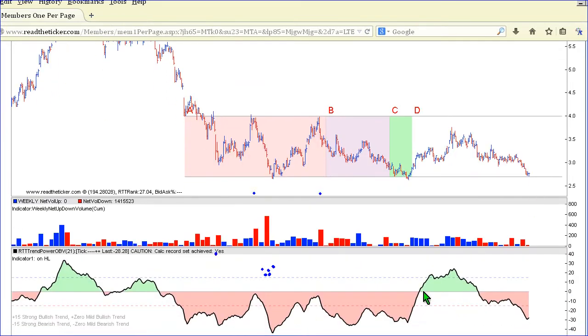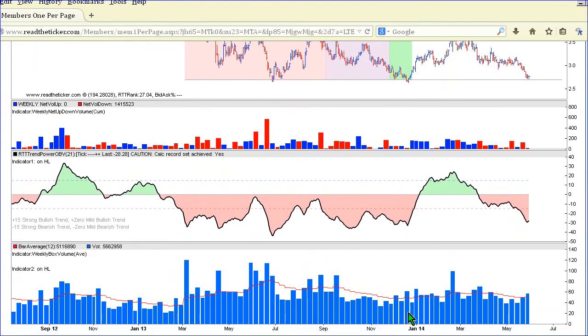As we can see down here, this very strong up move in the RTT-OPV, that's a volume weighted oscillator. But as you can see here, it doesn't really break past positive 15, nor does price get over resistance. So it's a first run of a sign of strength, but it's not a powerful one.